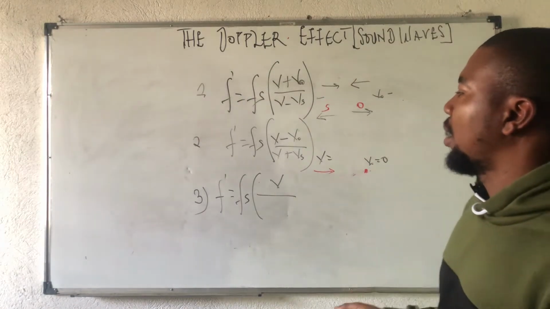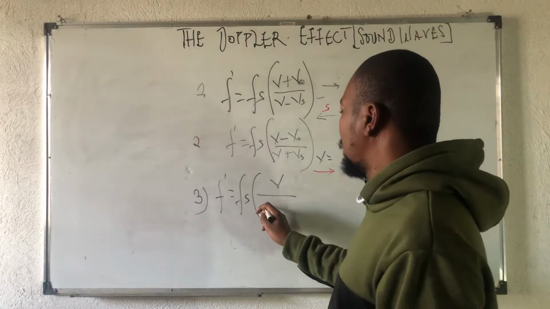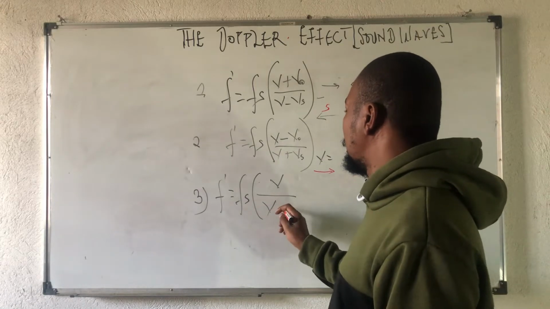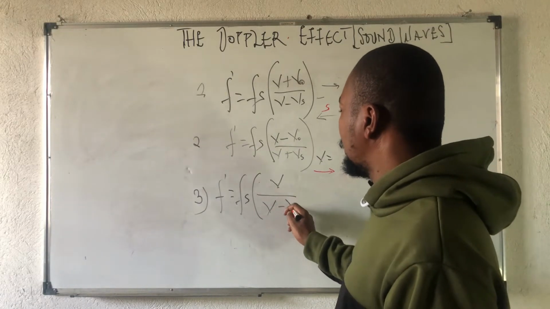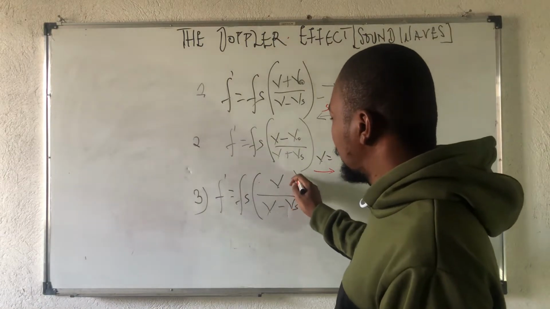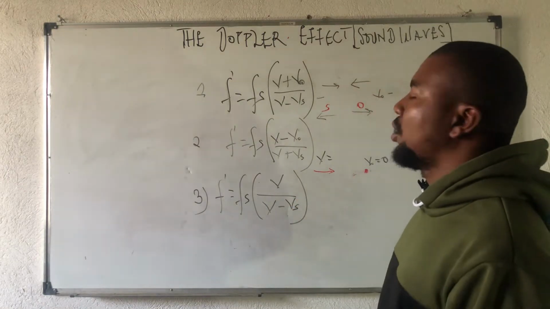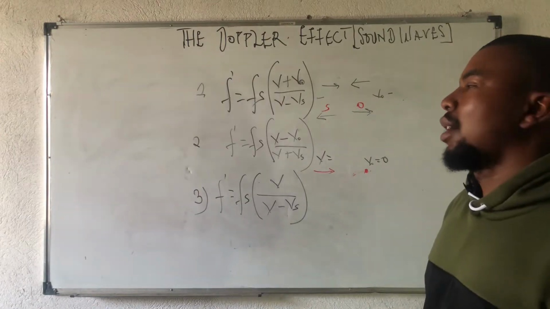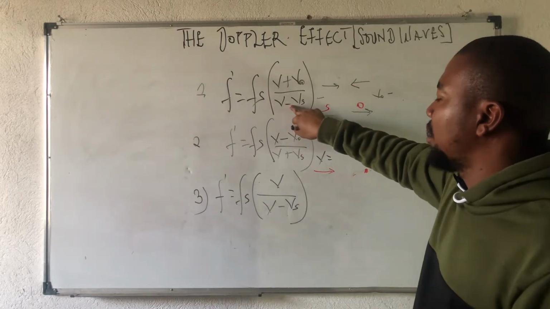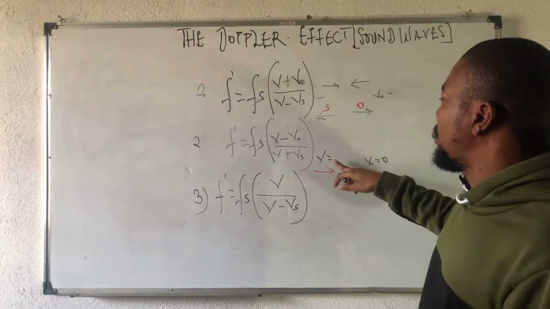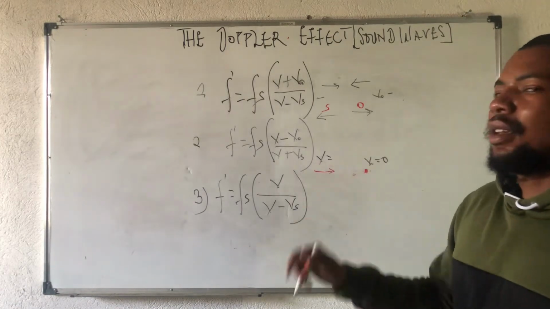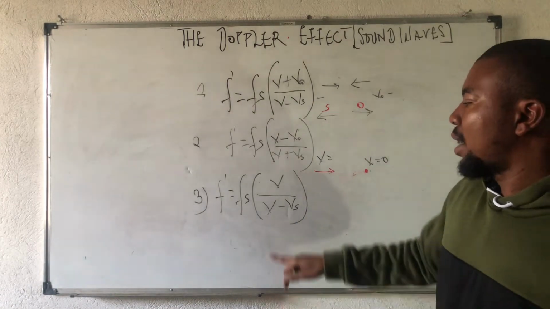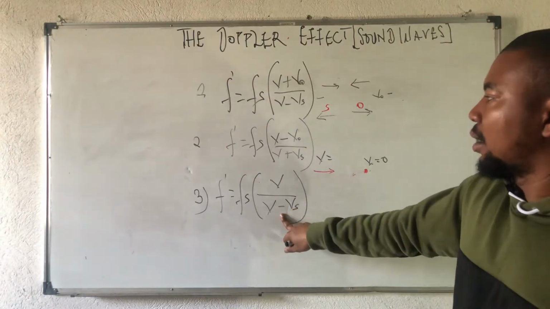So it goes away, and we're now left with v minus v sub s. Yes, it still remains v minus v sub s, because negative multiplied by a positive value is a negative value, right? So that is why it remains as it is.